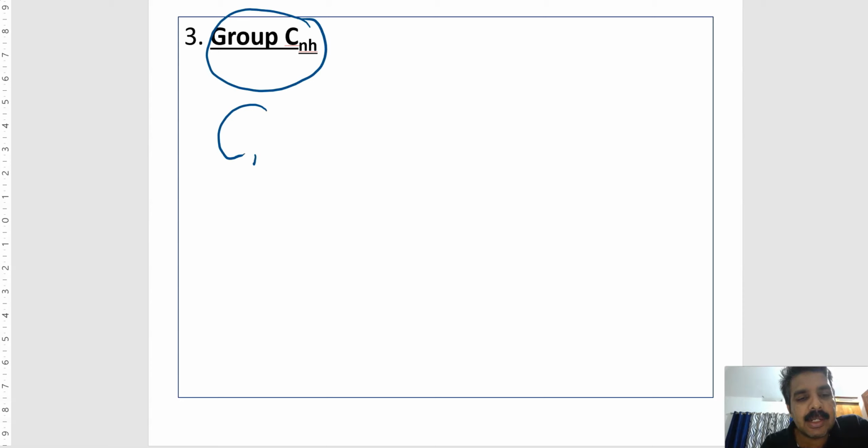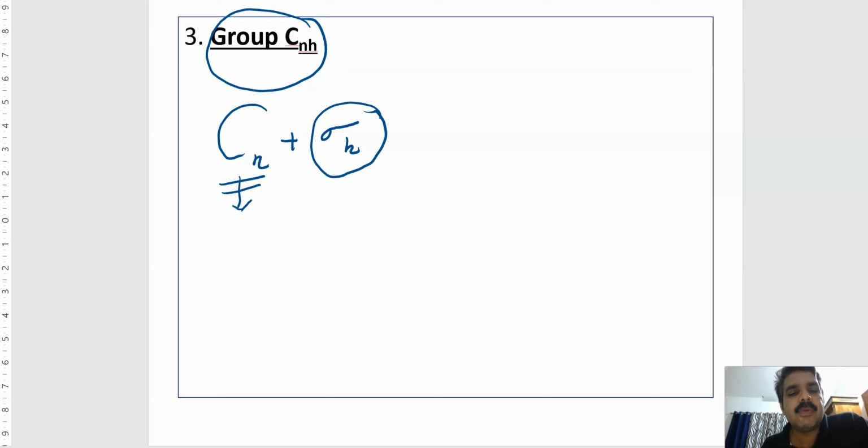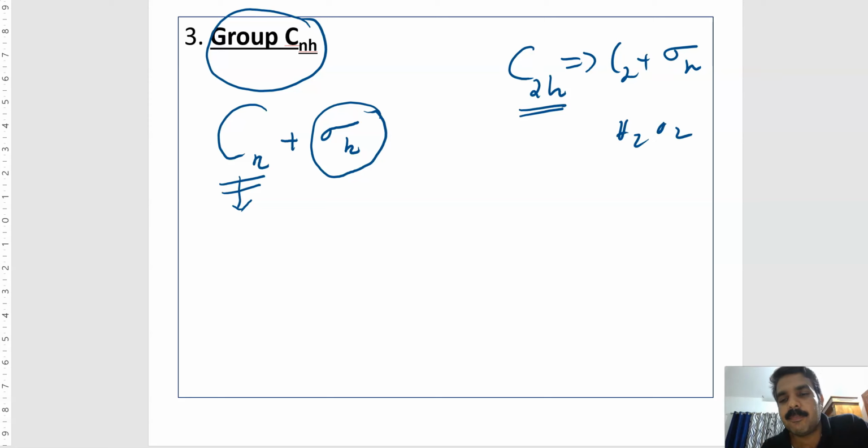Okay, the next category of molecules of high symmetry is Cnh. Cnh means it contains a Cn axis plus a sigma h, a horizontal plane. So this molecule contains a Cn rotation axis and a perpendicular plane. For example, C2h means it contains a C2 axis and a sigma h. A molecule belonging to the C2h point group is hydrogen peroxide.